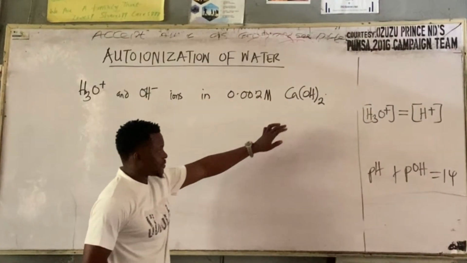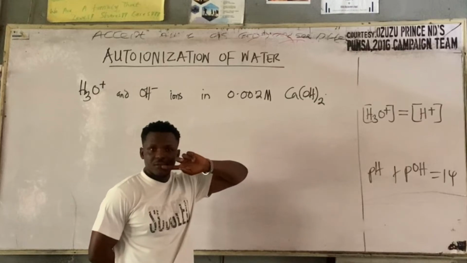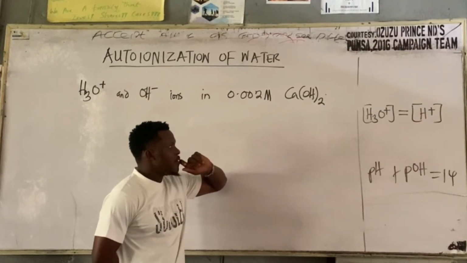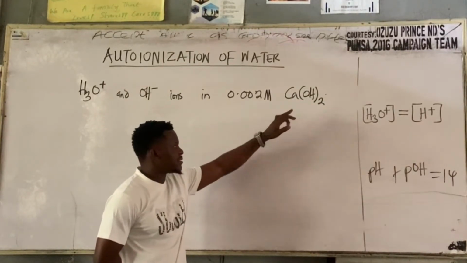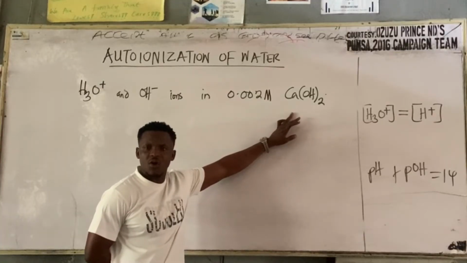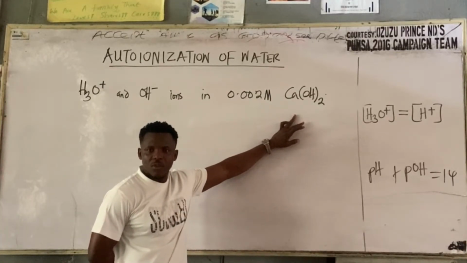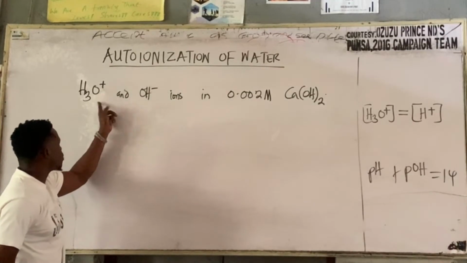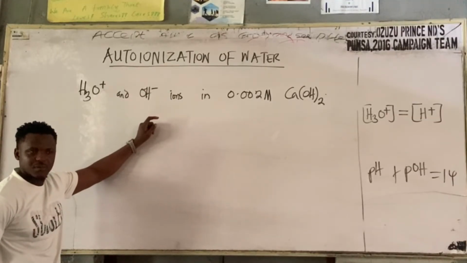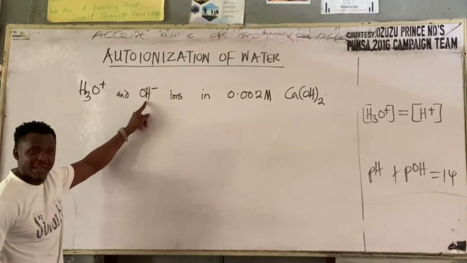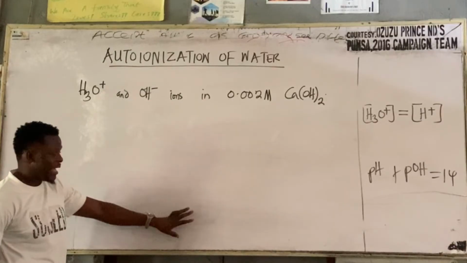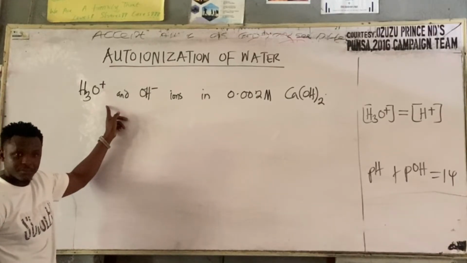Now this is a base. Class, is this base going to give rise to H plus or OH minus? So between these two, which of them will I solve for first? Once I've gotten my OH minus, I can now use that formula I gave us here to get the other.